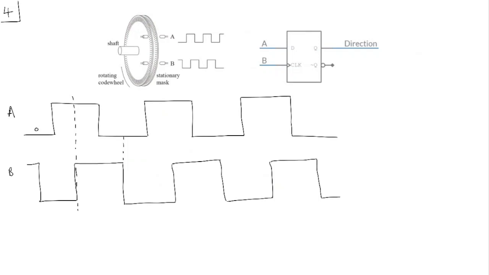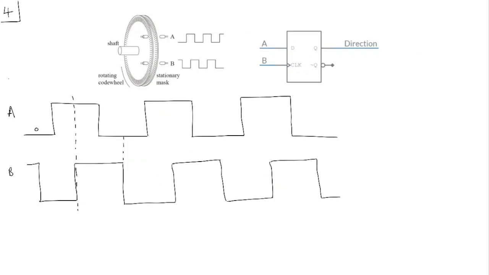The flip-flop here is a D flip-flop, and the clock signal is edge triggered at the positive edge, and B is going to the clock signal. Let's say this is the signal that happens when the wheel is rotating in a clockwise direction.